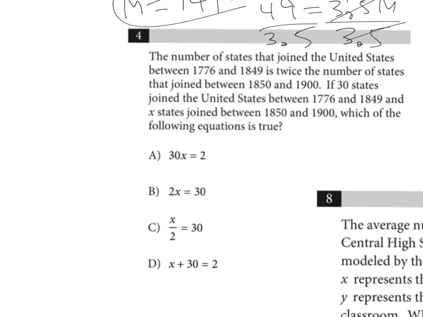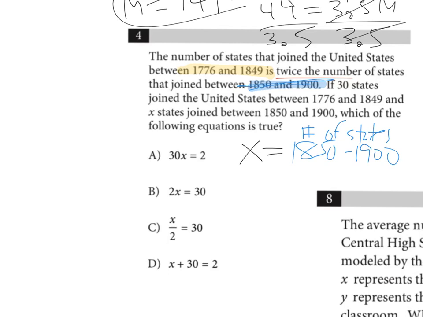Number 4, the number of states that joined the United States between 1776 and 1849 is twice the number of states that joined between 1850 and 1900. So I'm going to let x be equal to the number of states that joined between 1850 and 1900. So x is going to stand for the number of states. And then it says the states that joined between 1776 and 1849 is twice that number.